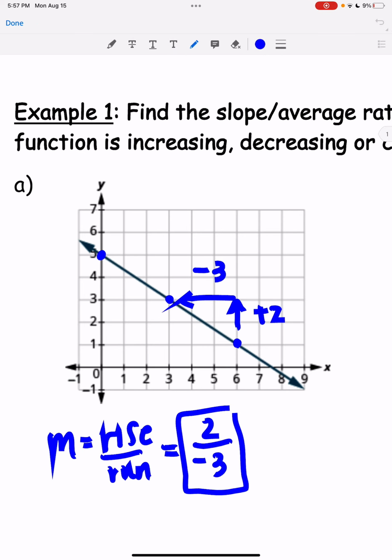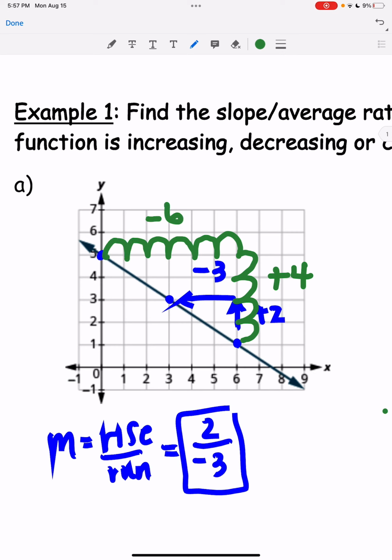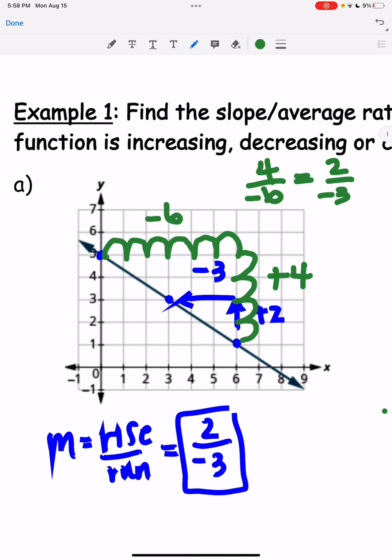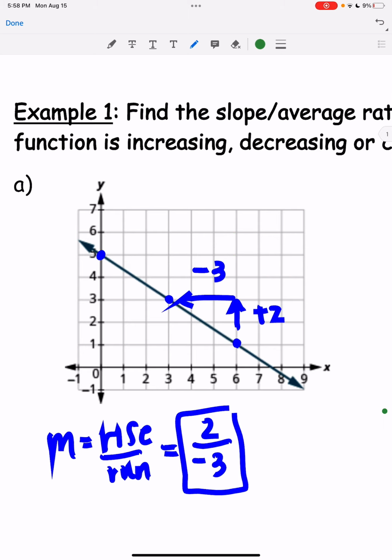So let me show you that. If you do that one, you go up 1, 2, 3, 4, and then you would run 1, 2, 3, 4, 5, 6 in the negative direction. And so you'd get 4 over -6, which reduces to, again, -2/3. So it does not matter which of these points you pick.